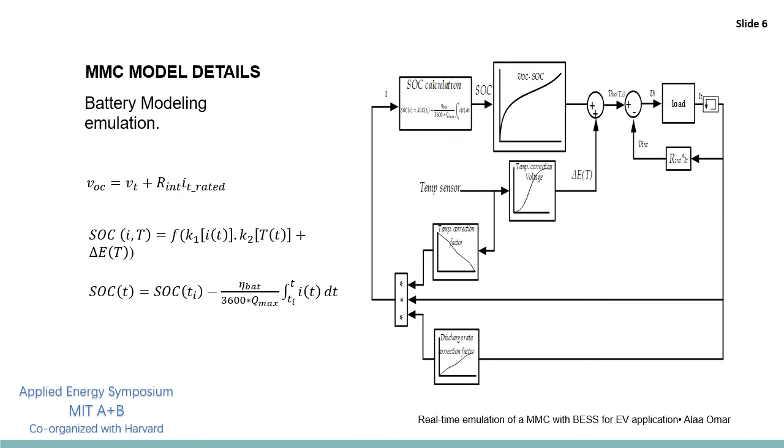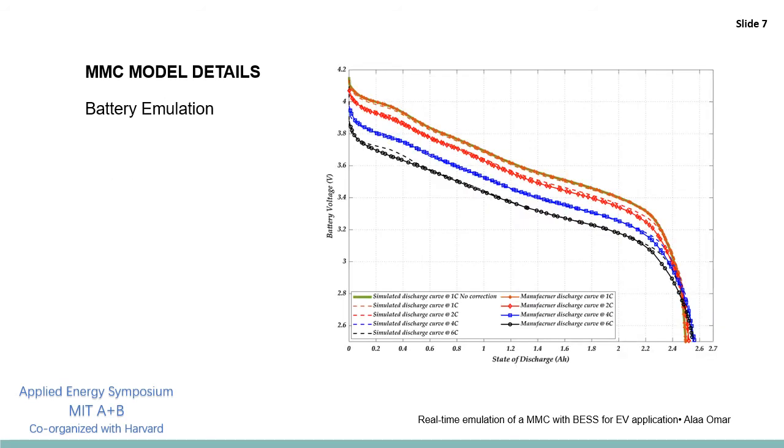And then this terminal voltage will be applied to the load, and the current is the consumption of the load. These are the curves of the battery that are given by the manufacturer and the emulated results of the battery operation.